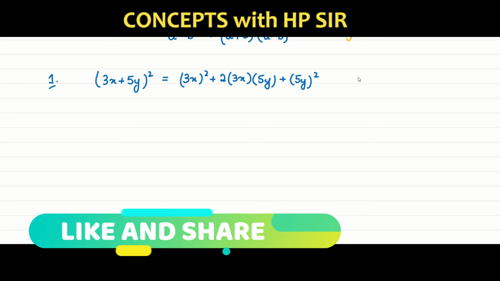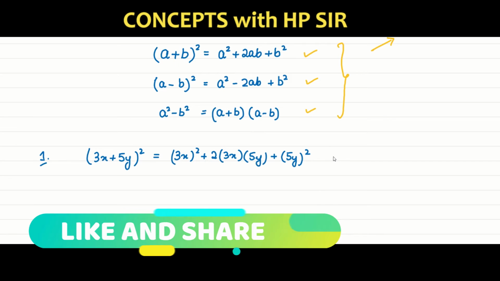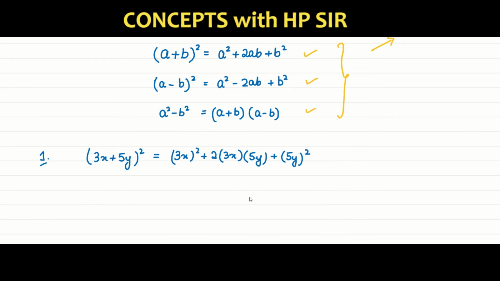I have used the first formula, that was (a + b) whole square equal to a square plus 2ab plus b square. So hence we can write it as 9x square plus 30xy plus 25y square. So that is the answer for (3x + 5y) whole square.